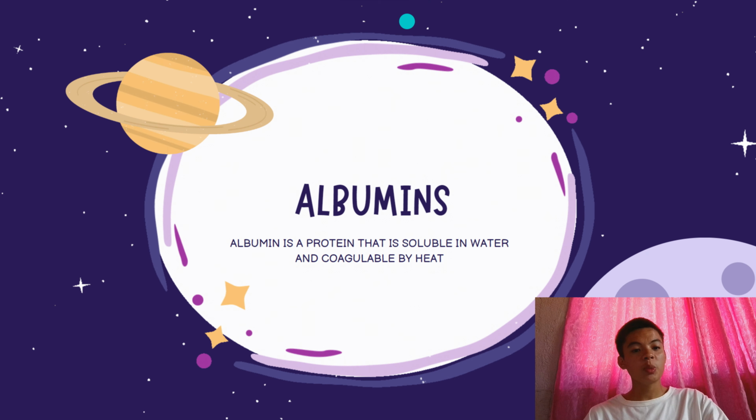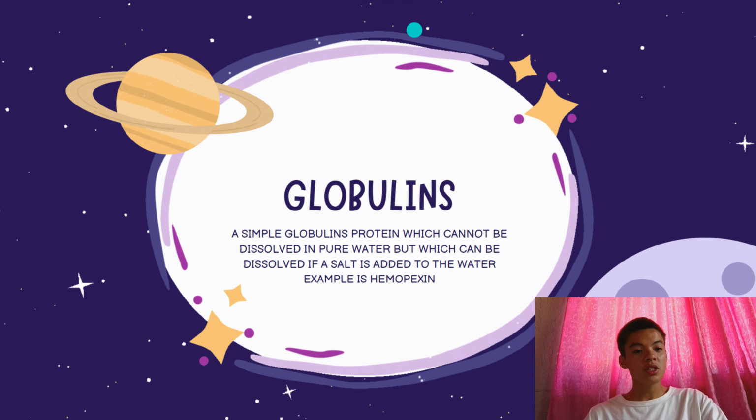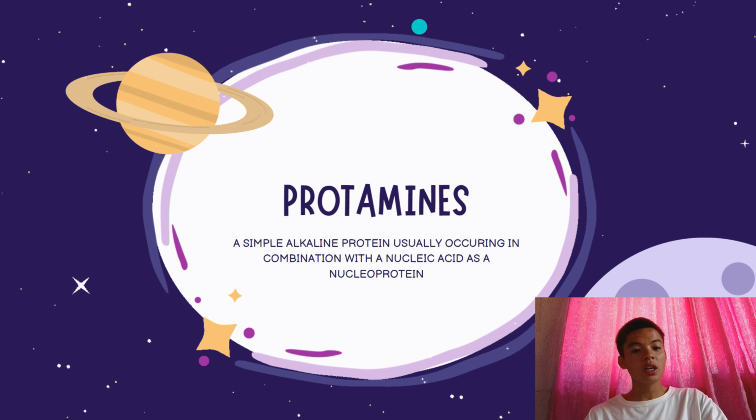Albumin. Albumin is a protein that's soluble in water and coagulable by heat. Globulin. Globulin is a simple protein which cannot be dissolved in pure water but which can be dissolved if a salt is added to the water. Protamine. Protamine is a simple alkaline protein usually occurring in combination with a nucleic acid as a nucleoprotein.